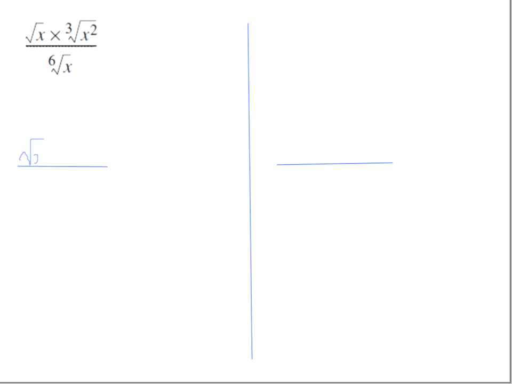So instead of square root of x, you can write x to what power? Half. We need to clean it up a bit.